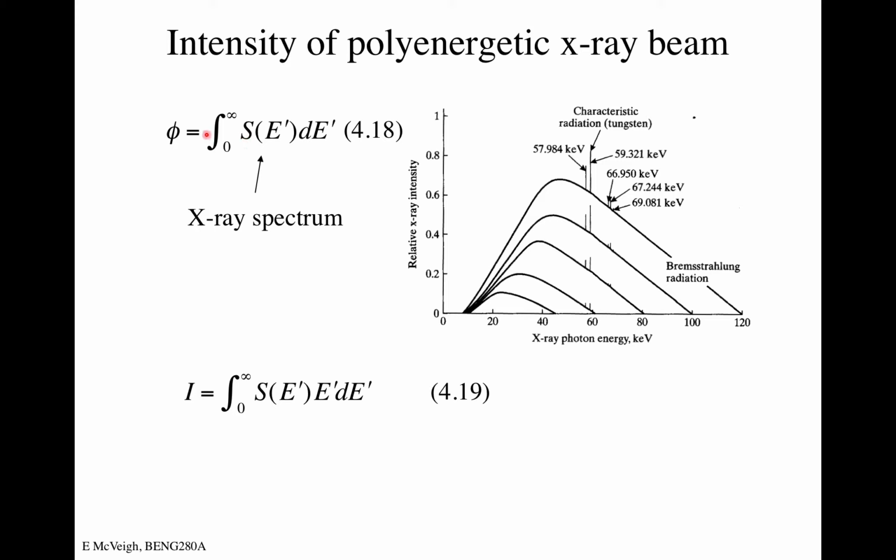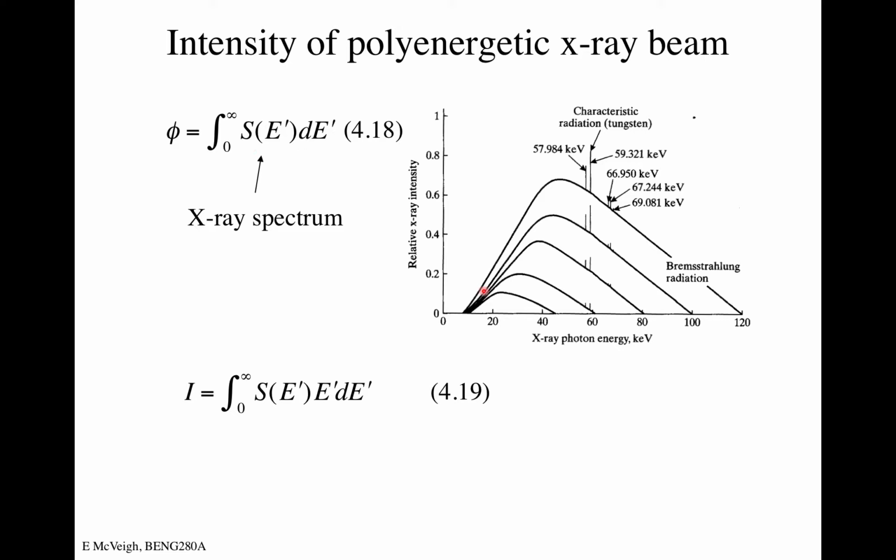The fluence, we already know what this looks like because we saw that diagram, the histogram. This is the relative amount of X-rays at a specific energy. So if I look at this spectrum here, when I turn the voltage of my X-ray tube to 120, this is the relative number of photons as a function of energy that I get. So that is phi. When I integrate everything under here, I get phi.